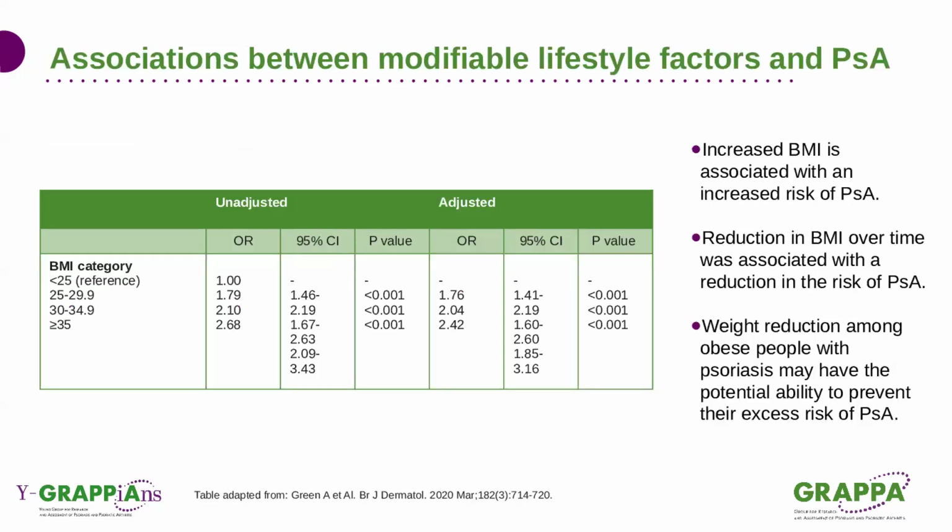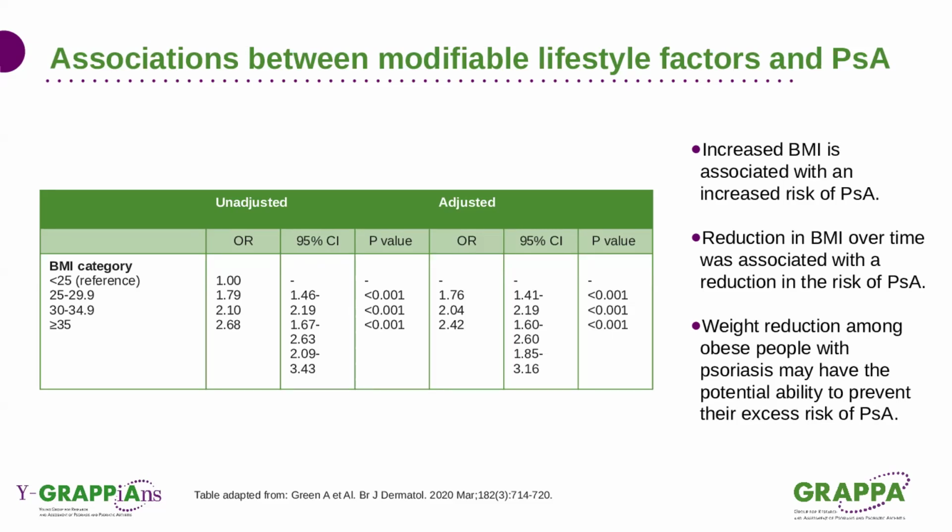And if you can lose weight as a psoriasis patient and keep it low, you're less likely to down the road develop psoriatic arthritis. We know that in 30% of patients with psoriasis, psoriatic arthritis will develop. And this takes about 10 years on the average.